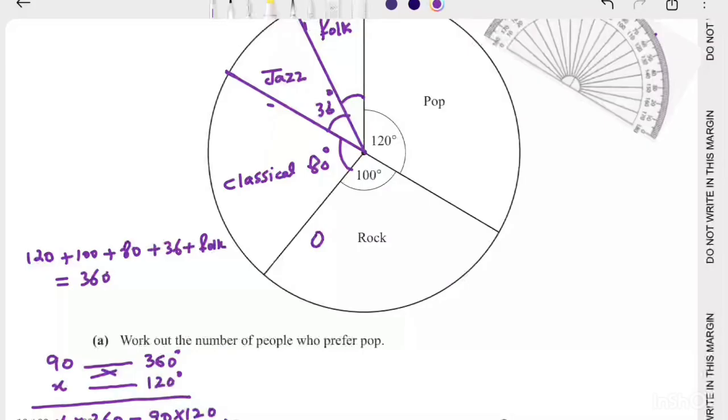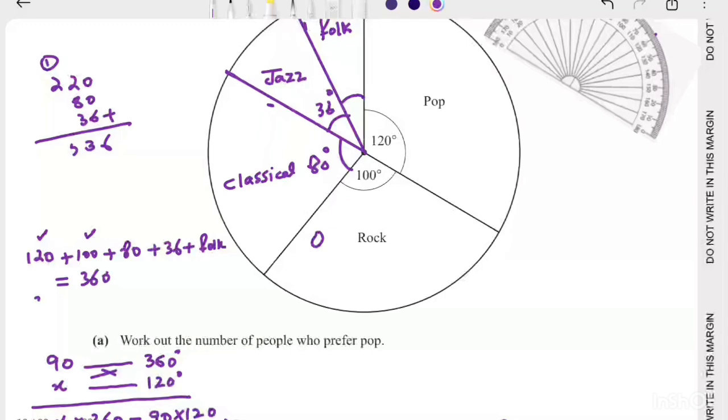Just add them. 120 plus 100 is 220, then 80, then 36. It would be 10, 11, 12, 13, 1 carry, 336.